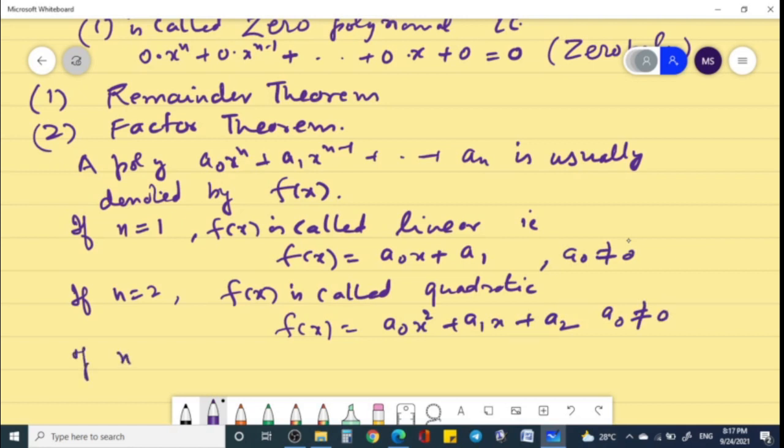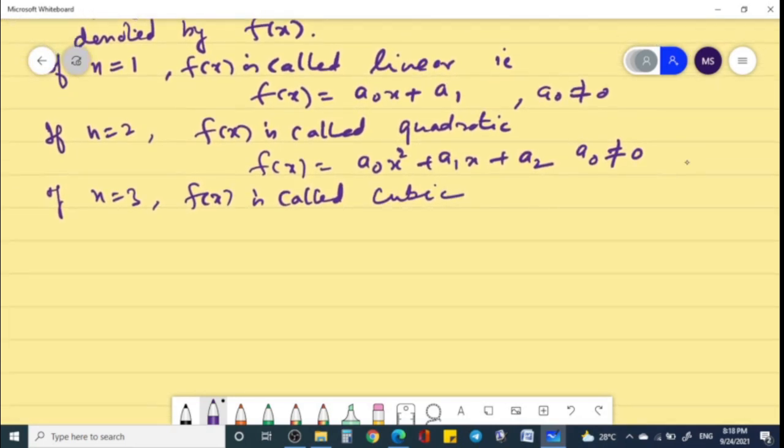And if n equals 3, f(x) is called cubic, and in this case f(x) is a naught x cube plus a1 x square plus a2 x plus a3, and so on. We can determine higher degree polynomials in this way.